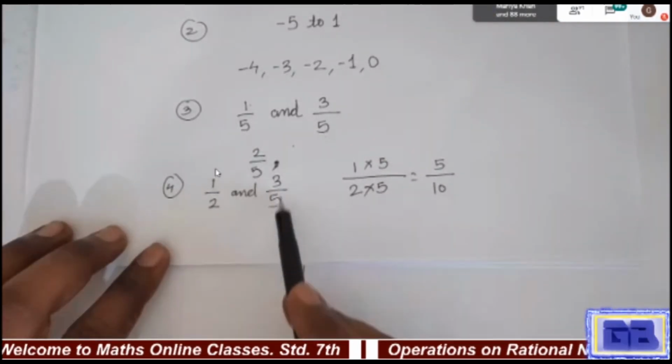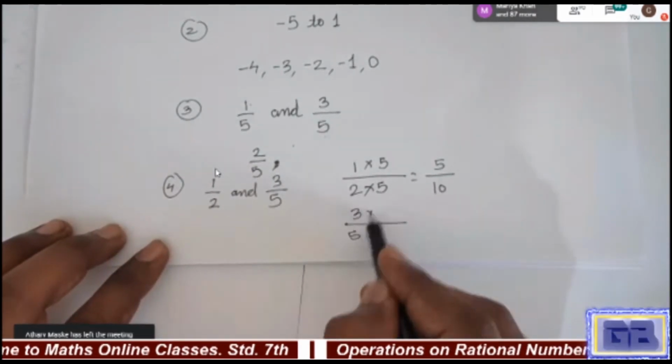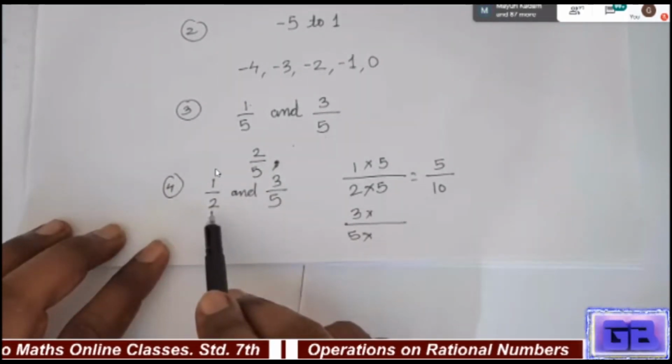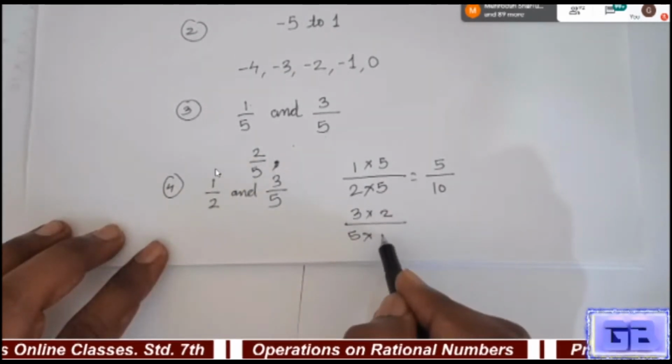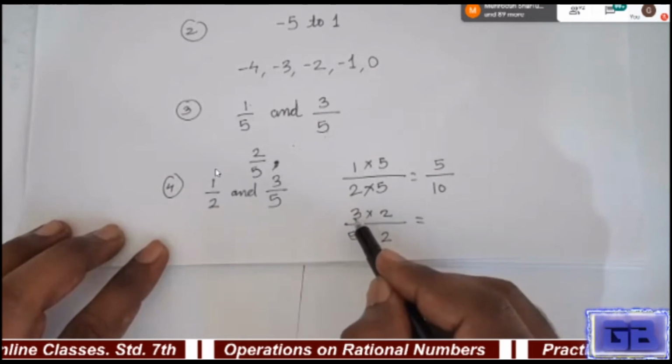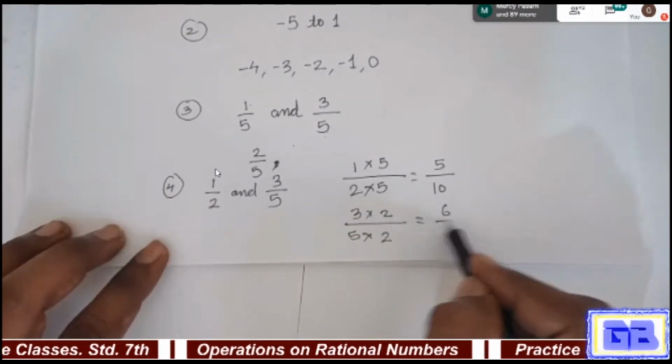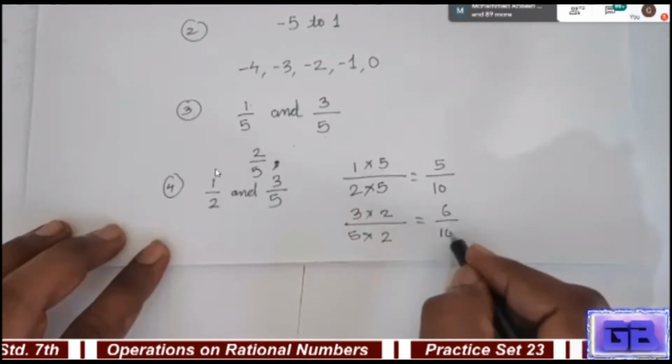Similarly, 3 upon 5, and we multiply with the denominator of the first fraction, 2: 2 threes are 6, and 5 twos are 10.